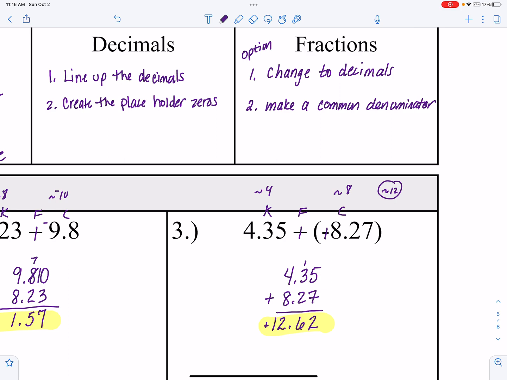So let's draw a little arrow down here. You cannot do this if the decimal is repeating.